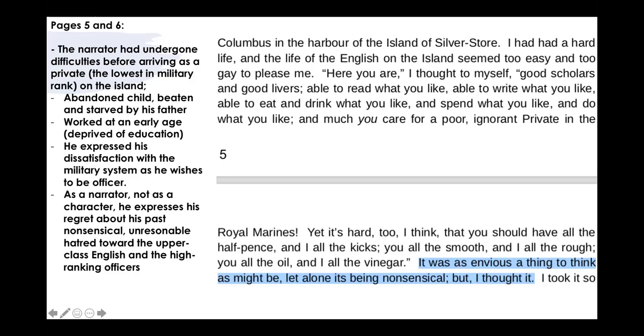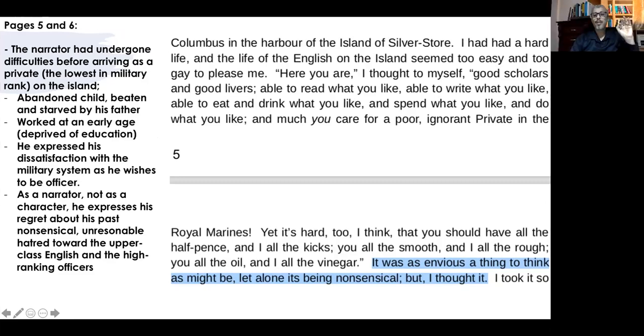The narrator had undergone difficulties before arriving as a private. Private means the lowest in military rank, right? On the island. Now, he said, I had a hard life. What does it mean? In the narrative, he said that he was an abandoned child, beaten and starved by his father, worked at an early age, deprived of education.